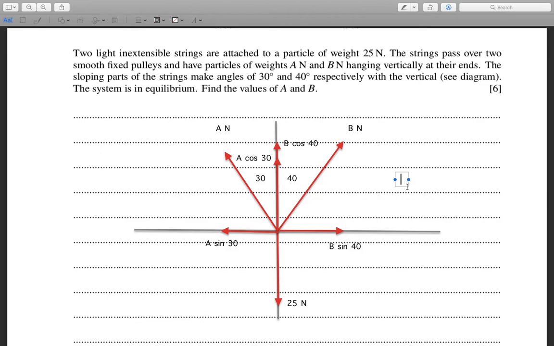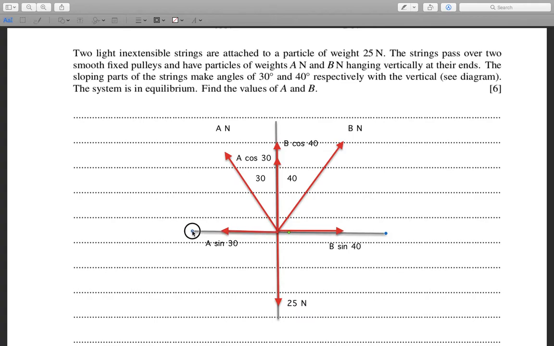Okay, finally we get the components of force on the y and x direction. And then after that we can use the definition of force in x and y.